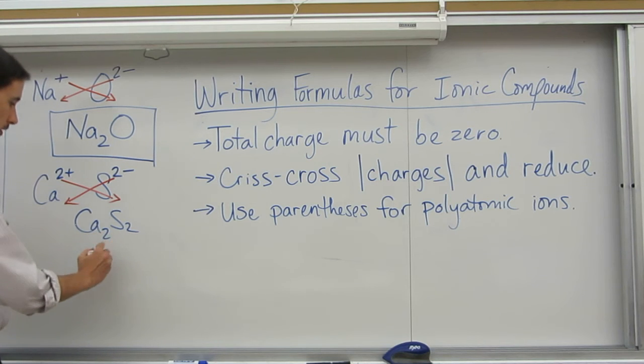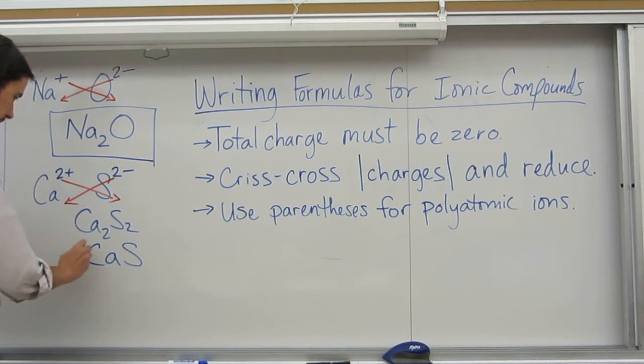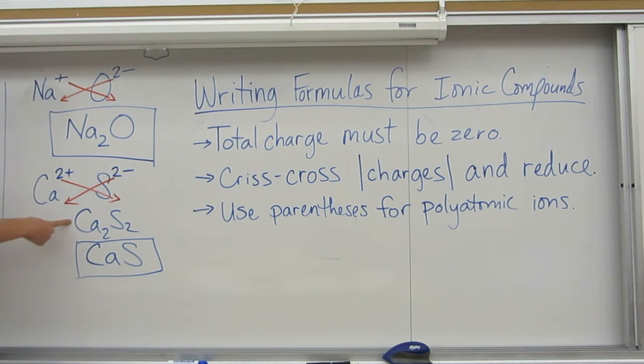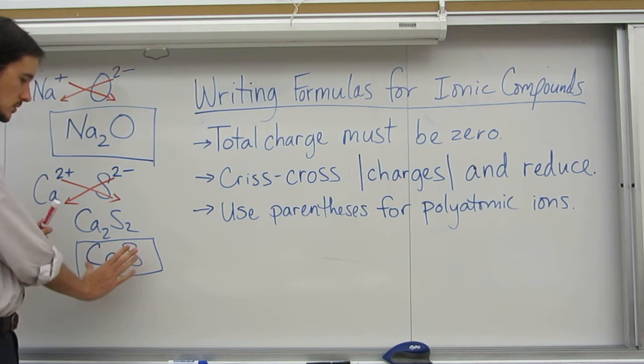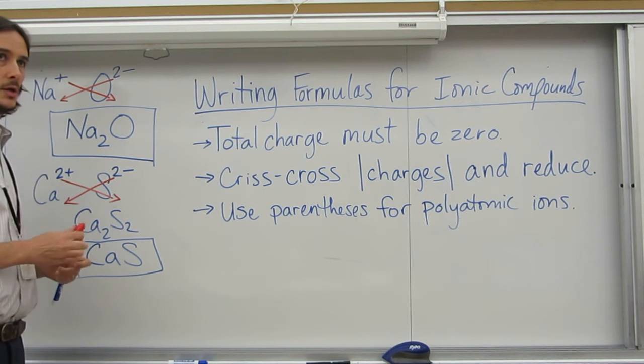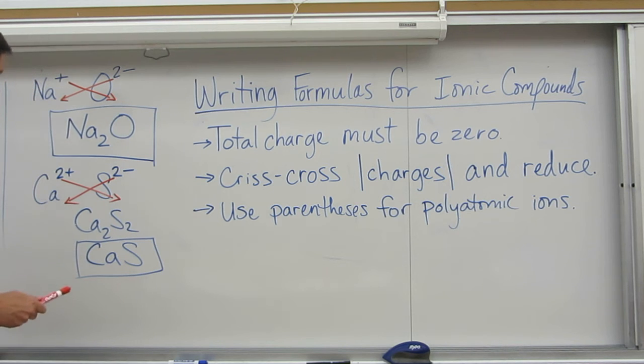So our answer actually should be CaS. Writing the unreduced one is not really the end of the world, but this is a better thing to write. So make sure you're in the habit of looking for ratios of ions that reduce. This is only for when they do.